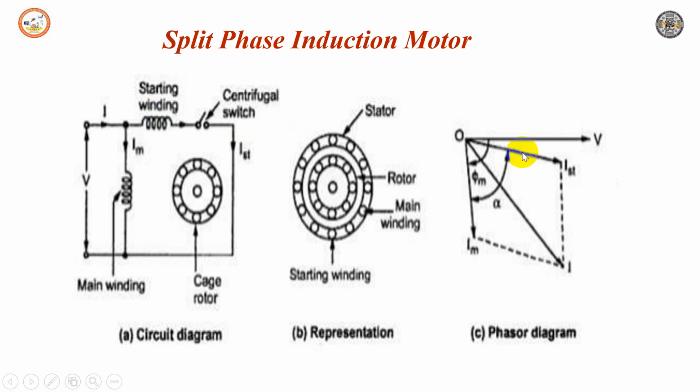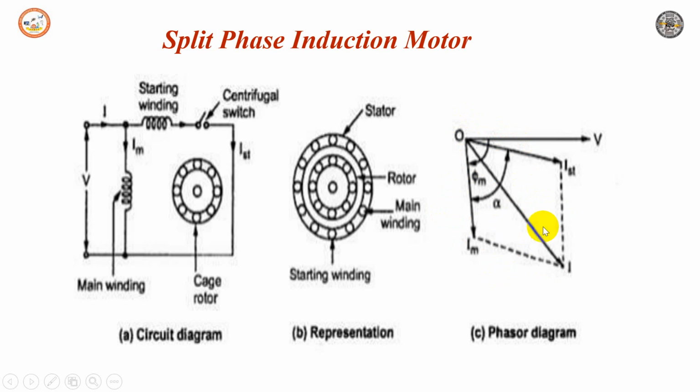So there exists a phase difference of alpha between ist and im. As I said, there should always be a phase difference alpha between these two currents, resulting in fluxes with alpha as a phase difference. This is shown in this phasor diagram.